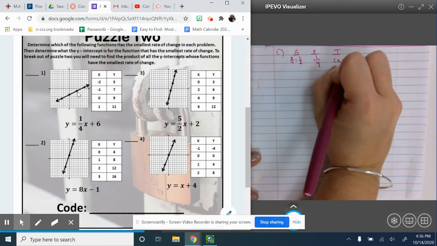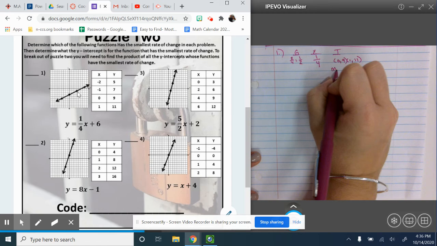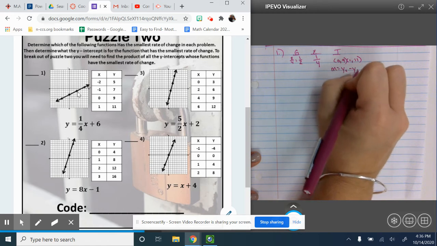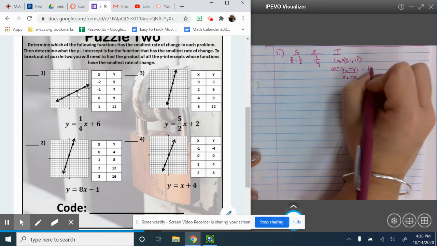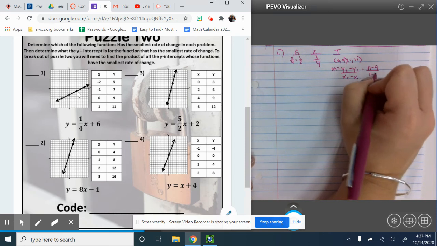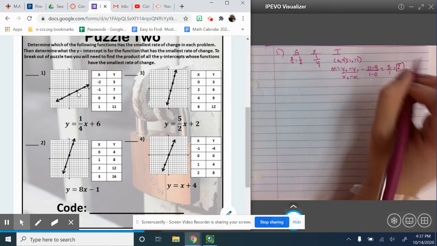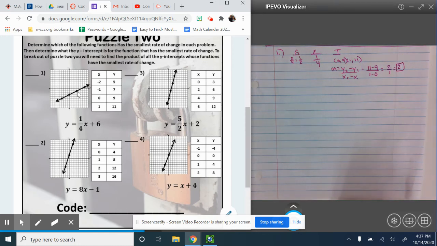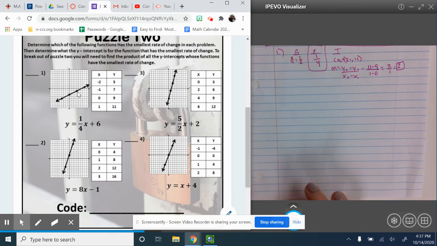I'm going to use (0, 9) and (1, 11) because they're positive numbers. y2 minus y1 over x2 minus x1. So we have 11 minus 9 over 1 minus 0. So 2 over 1 is simply 2. Now, when I get to this point and have to decide which one had the smallest rate of change, it was my equation at 1/4.